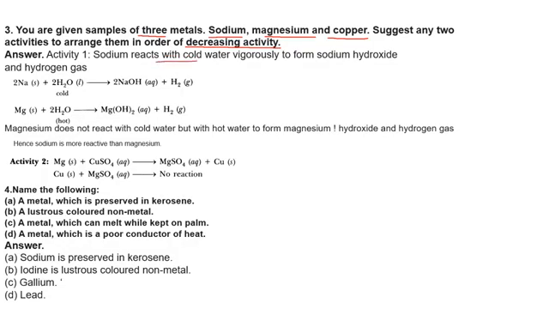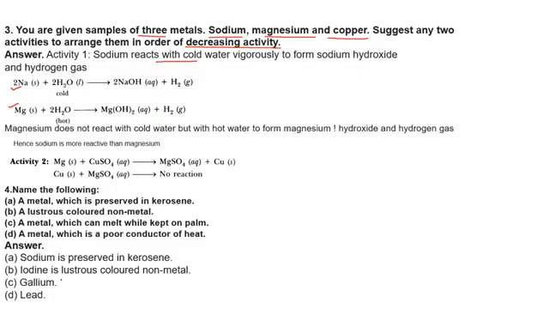And magnesium reacts with hot water. Copper won't show any reaction with water. So this is how we can differentiate and arrange them in decreasing order: sodium is most reactive, then comes magnesium, and then comes copper.